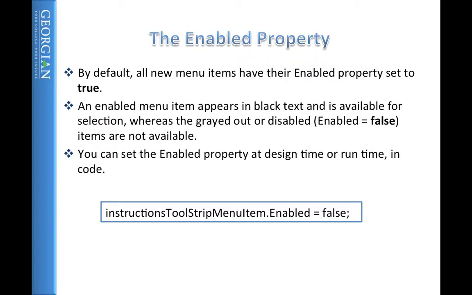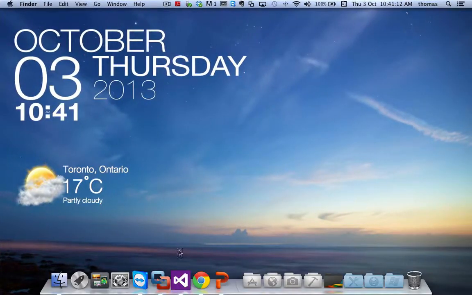I could enable and disable certain options. For example, I could disable when I start up my form itself. I could ask that until the user does something, certain options on my menu are disabled programmatically. I could do it on design time, so I can actually go through and click the properties on the type of menu item.